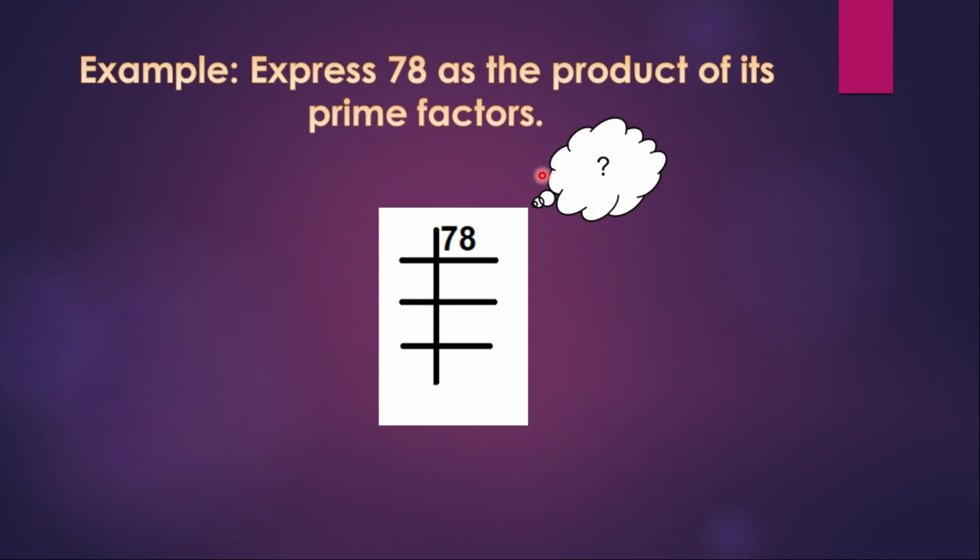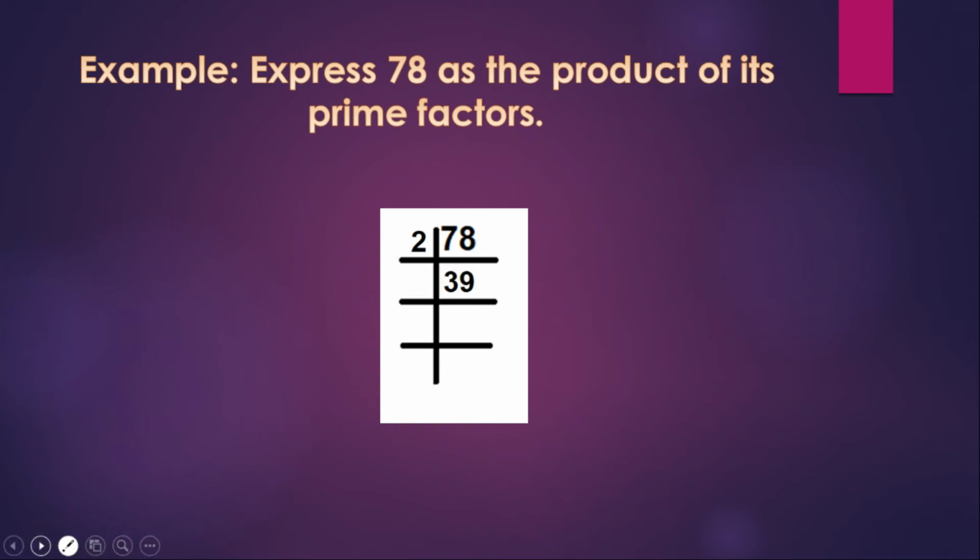Okay children. So for 78 we want the smallest prime number. The smallest prime number is 2, and it will be divisible by 2 will divide 78 completely because 78 is an even number. So let us see 2, 39 and 78. Let me tell you how I have done this calculation.